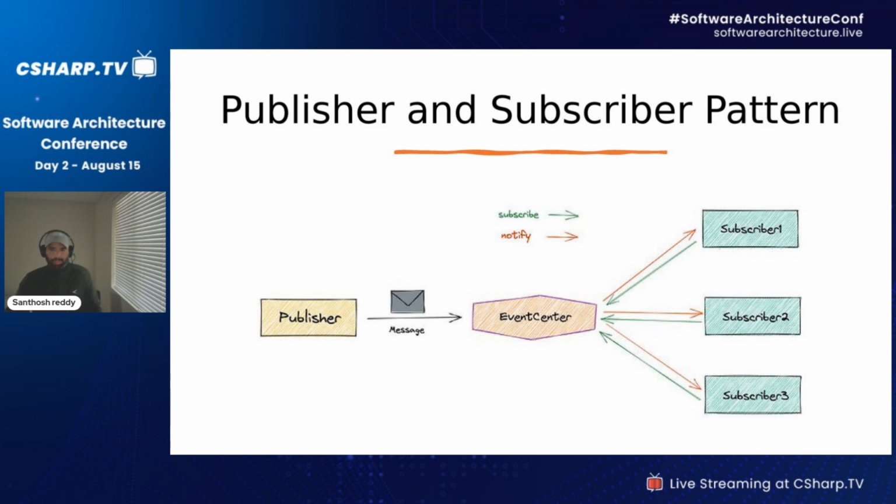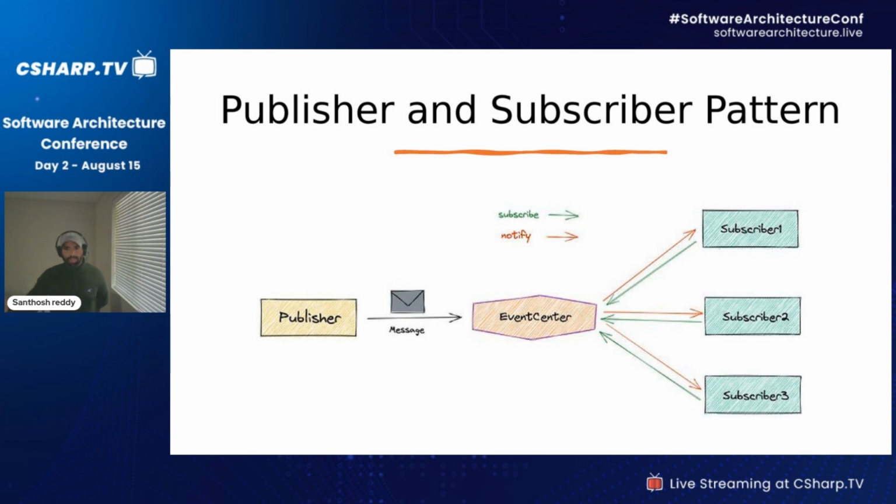Whoever wants to listen to it will go and subscribe to it. And one beautiful advantage that you get is, let's say you have multiple distributed systems where you changed your profile name and picture in the main portal, in your profile page. This should be automatically reflected in multiple different services or systems.